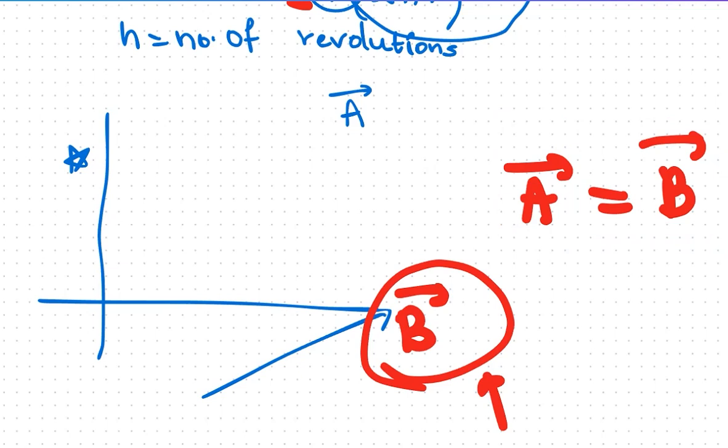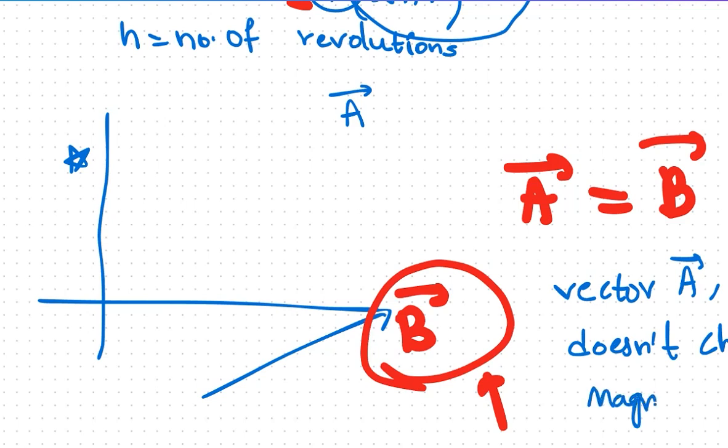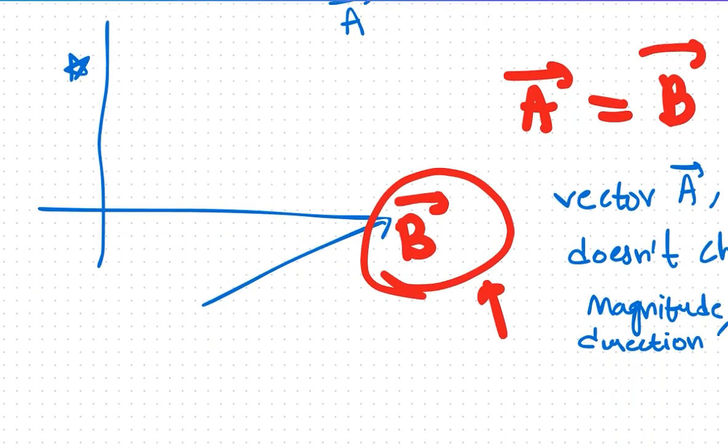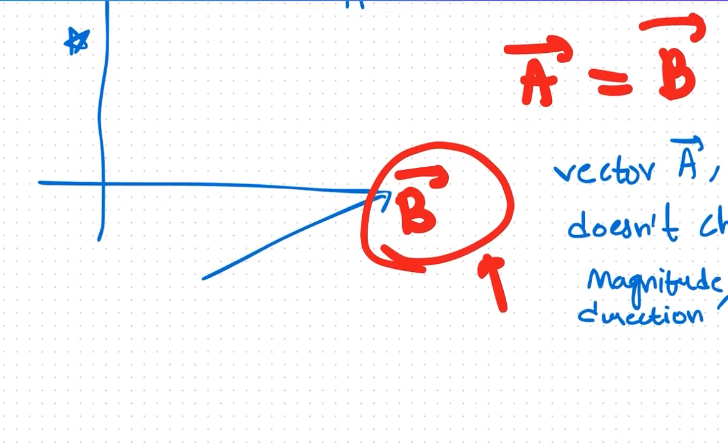So basically, vector A doesn't change. The only things that matter are magnitude and direction. That is why you can shift the vectors, basically translate the vectors.